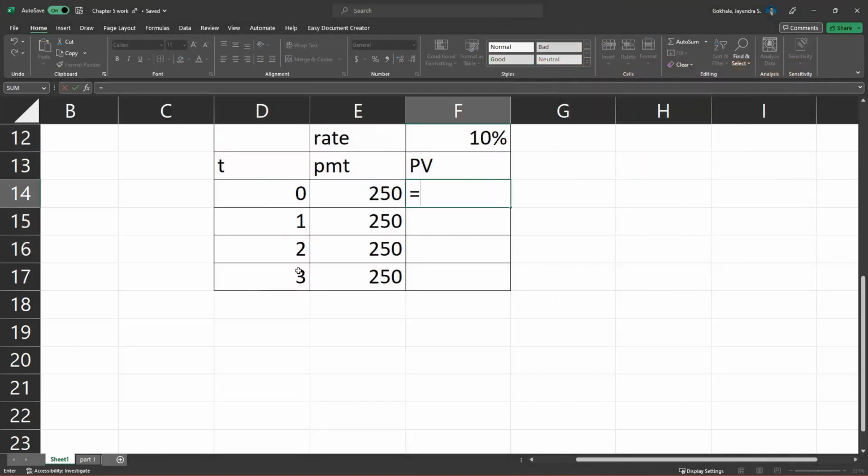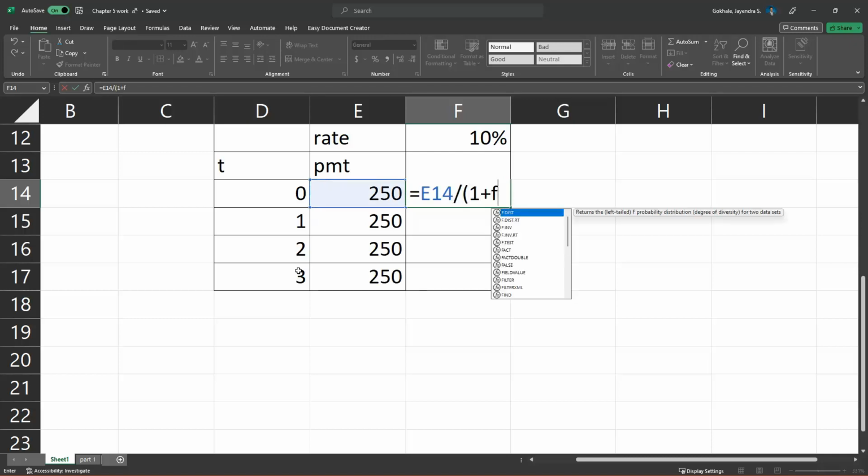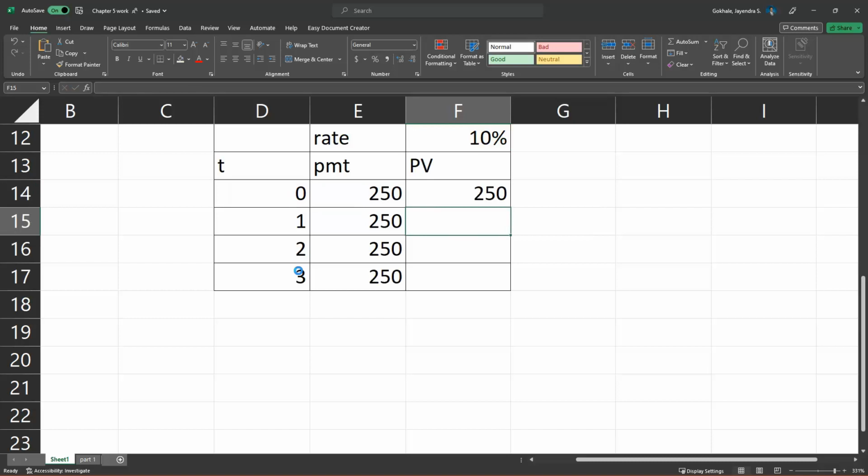Okay, so equals this divided by parenthesis 1 plus F12, that is this cell in red, to the power of D14, the purple colored cell. And now all we have to do is drag it down. E14 will become E15, D14 will become D15, but the rate will stay where it is. That is 10%. Correct?